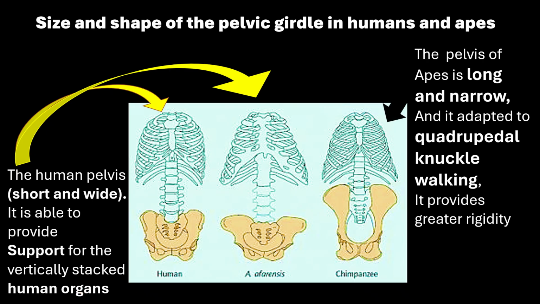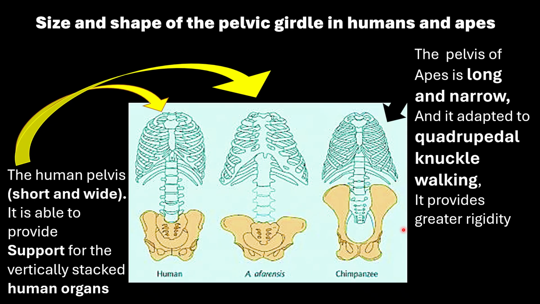Then we talk about the last one, which represents chimpanzee. So their pelvis is long and narrow. There is no disadvantage there because it is adapted to quadrupedal knuckle walking, which provides greater rigidity.